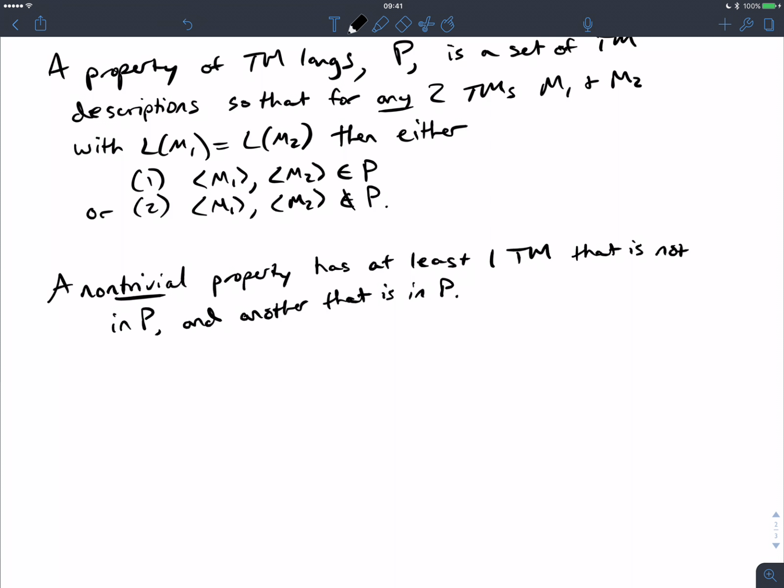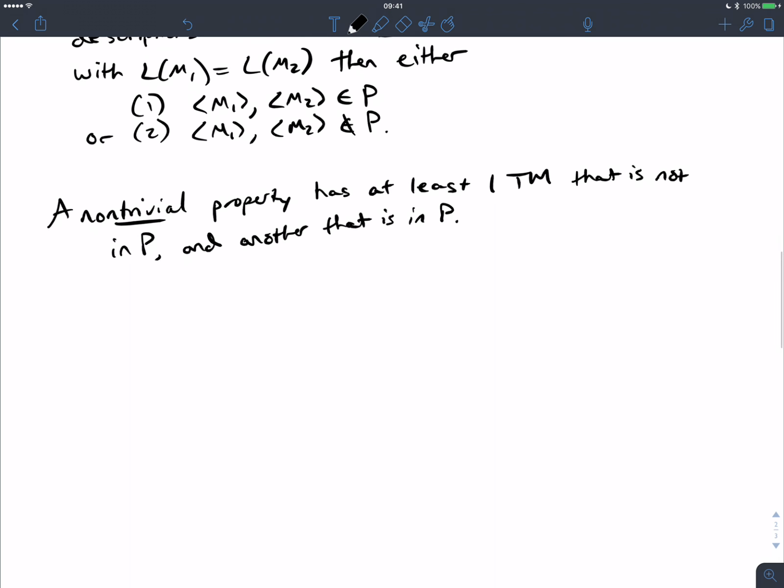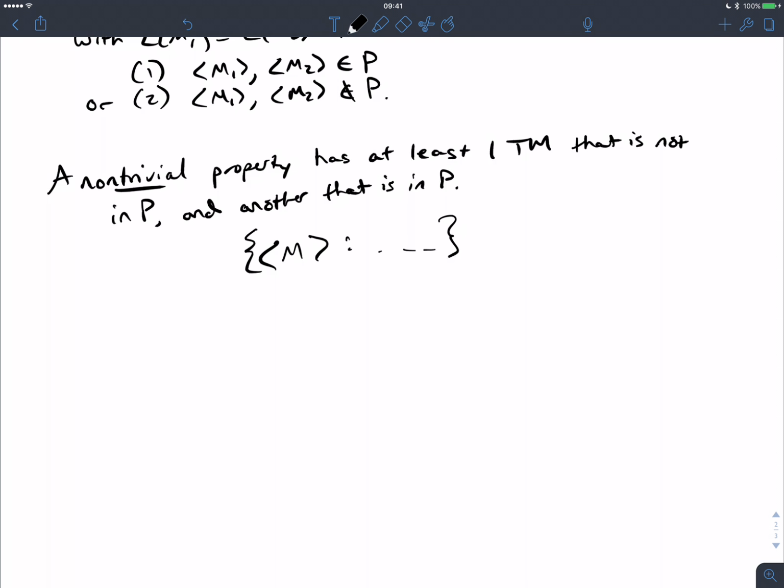What about EQ TM, where I have two Turing machines? Is that a set of Turing machine descriptions? Well, it seems like it, but it's not single Turing machine descriptions. So things of the form, a single Turing machine description such that whatever the condition is, so that's good.